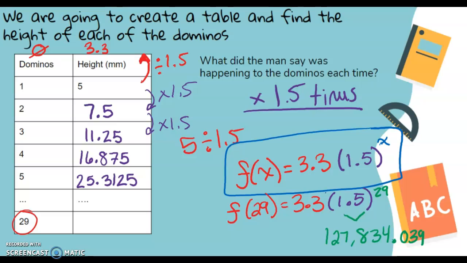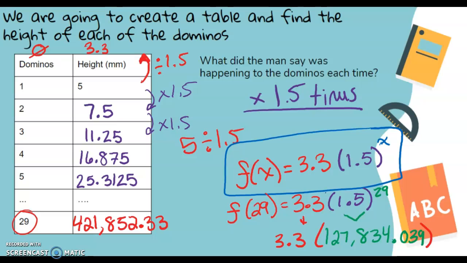That's still technically in parentheses, so I need to multiply it by 3.3. If I multiply by my original starting amount, the height we're going to have at 29 dominoes is 421,852.33. And that's going to be my height.